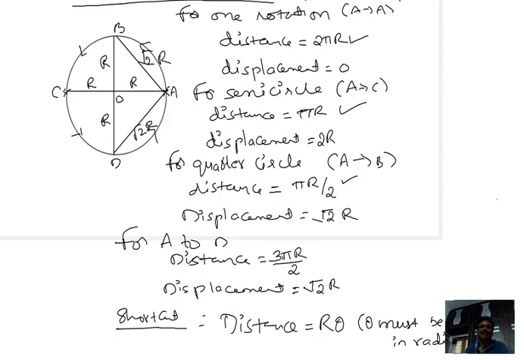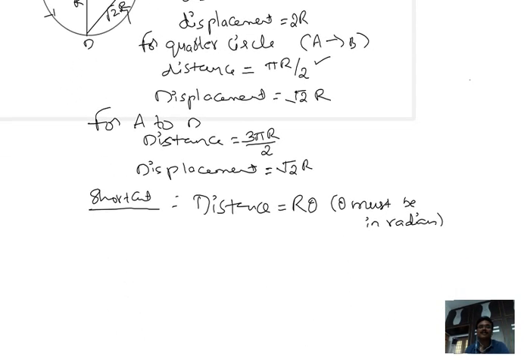For quarter circle the angle is pi by 2, so you get pi r by 2. For 3/4 the angle is 3 pi by 2, so you get 3 pi r by 2. So this is the distance formula, the shortcut method, and you can use it for any amount of angle.